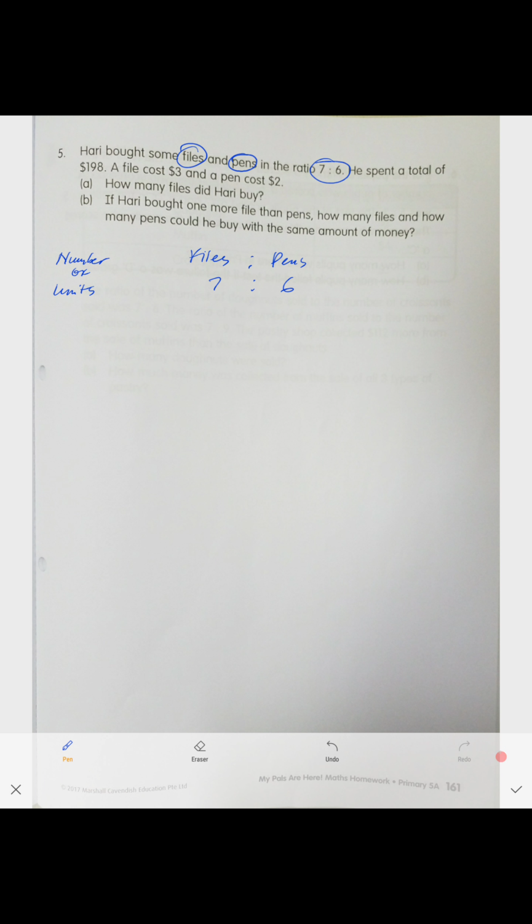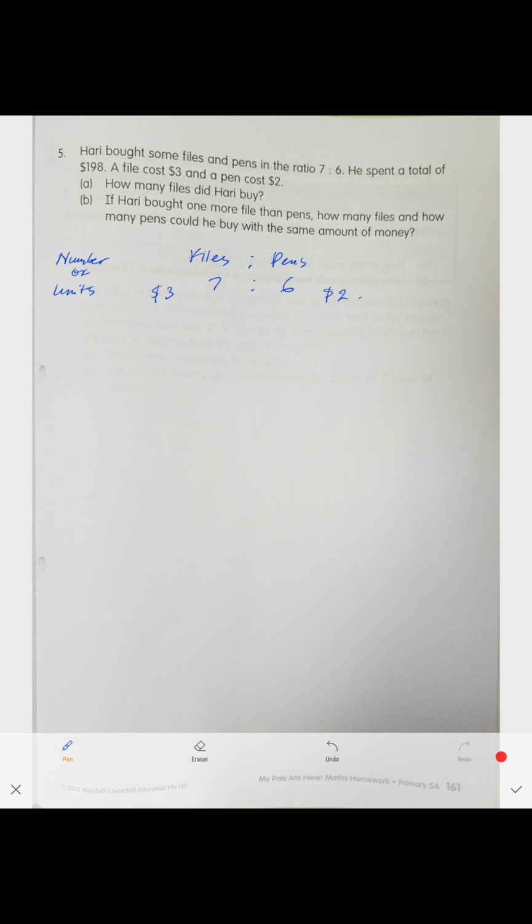Okay? So they tell us about the cost. We have 7 units, we have 6 units. The cost of a file is $3, and the cost of a pen is $2.